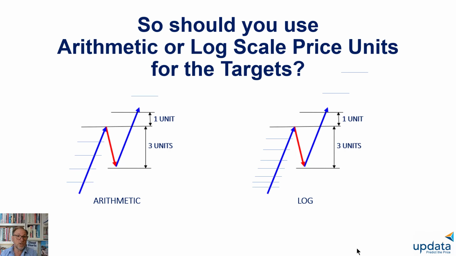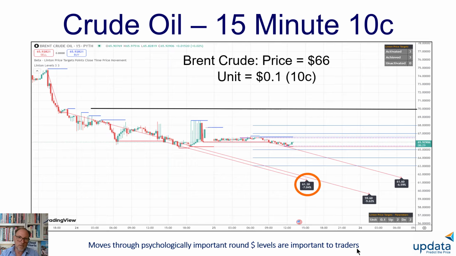So should you use arithmetic or log scale price units for the targets? And this is a really key point. If you're trading a particular instrument and you trade that one thing intimately, you probably want to get used to using an arithmetic box size, especially for the shorter term charts, because these round levels, which you will not get on the log scale, become important to traders.